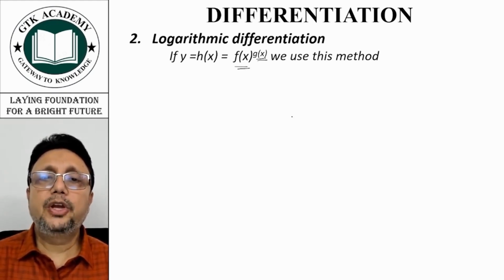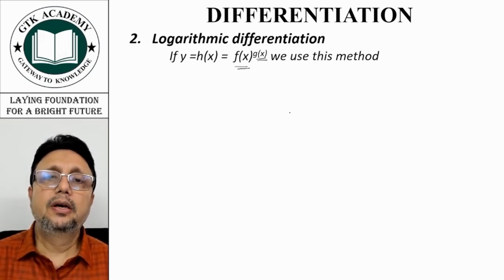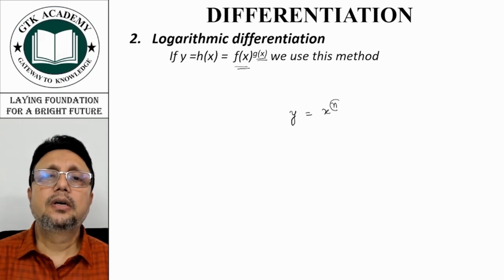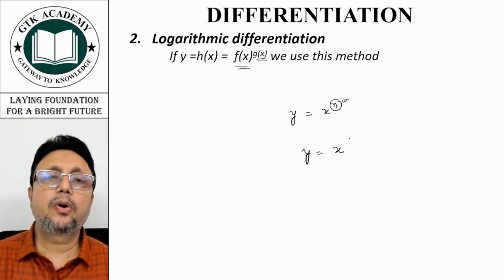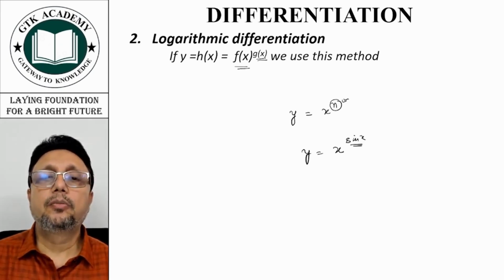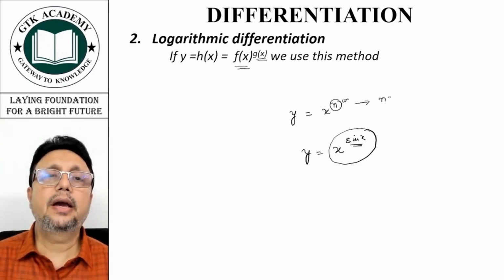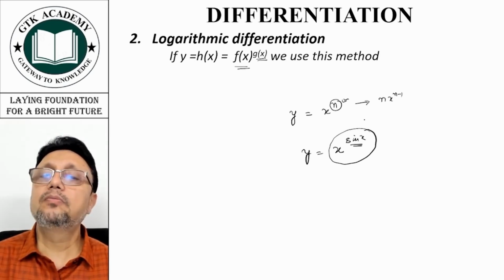Here, if we get some peculiar kind of functions, for example, if you have y is equal to x raised to the power n, here you don't have any problem because n is any real number. But when it's a function, say y is equal to x raised to the power sine x, then you have a problem, because you don't know the derivative for this form. For this form, you know n x to the power n minus 1.